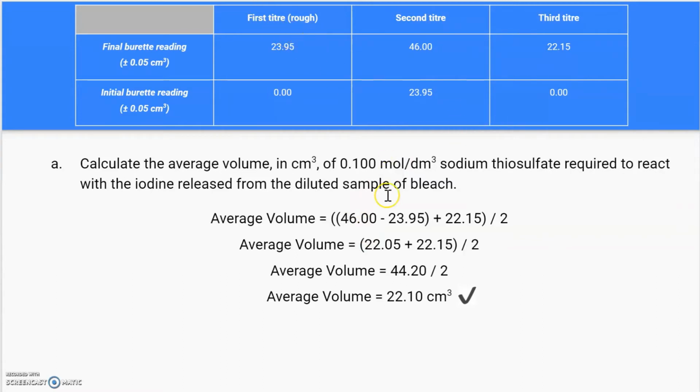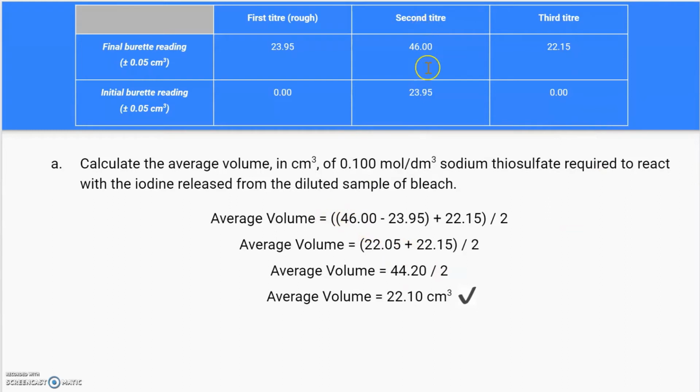as the first one is considered rough. So the average volume is going to be the difference in initial and final burette readings from the second titer. We get that by subtracting the two values, plus the difference in initial and final burette readings from the third titer. Again, we subtract those two values. We add those two quantities, and then we divide by 2 as there are two trials that we are accounting for.